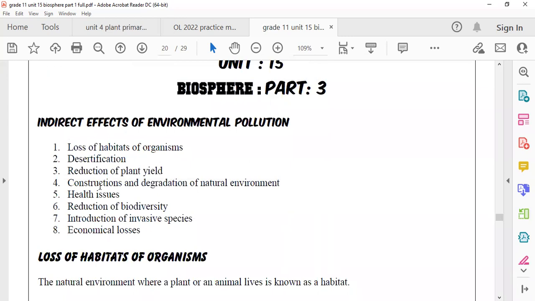Actually, economical losses will occur in everything. We cannot confine economical losses as a separate one.